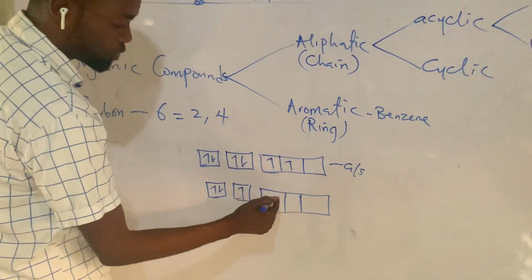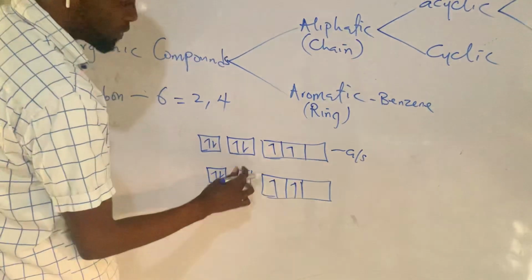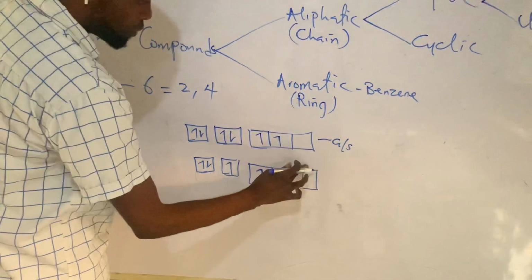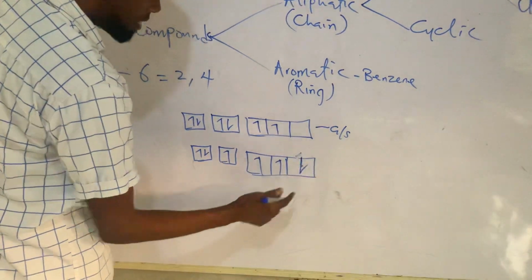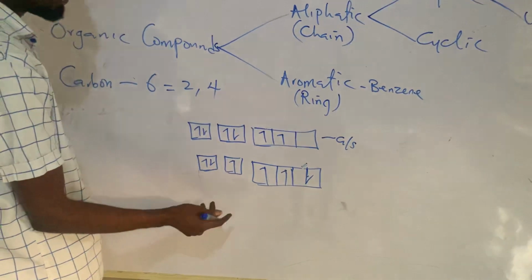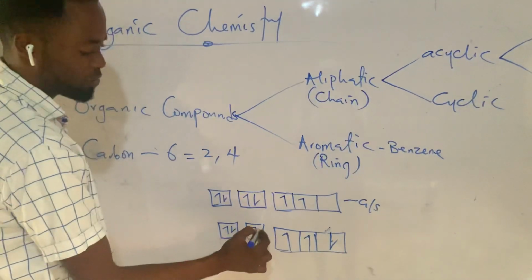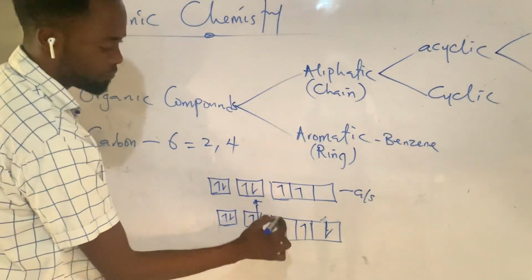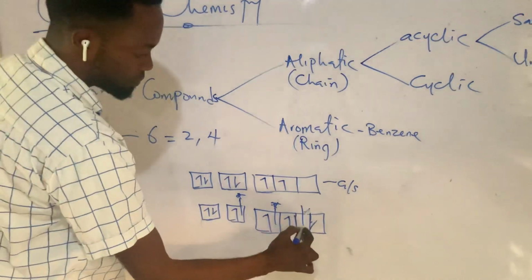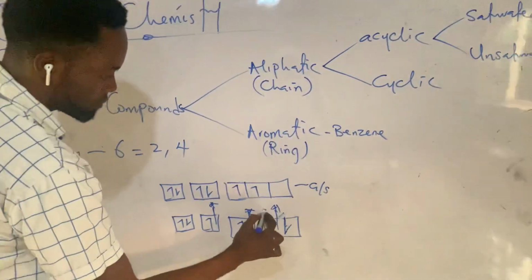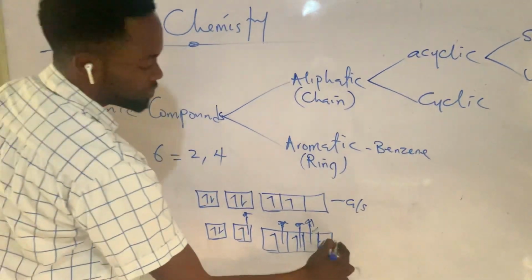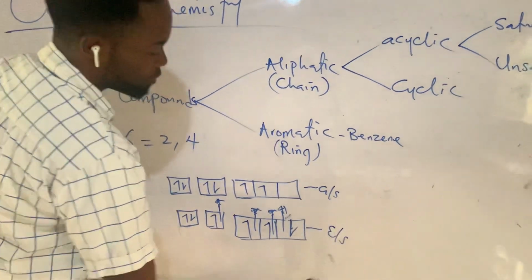So we have 4 empty spaces for electrons in each of these orbitals and suborbitals. So therefore, you have spaces for bonding. So you have these 4 spaces. So this is what we call the excited state of carbon.